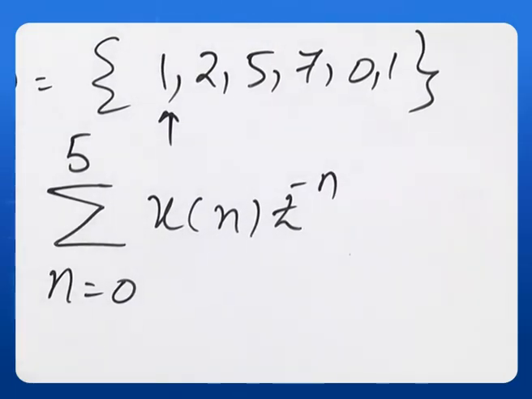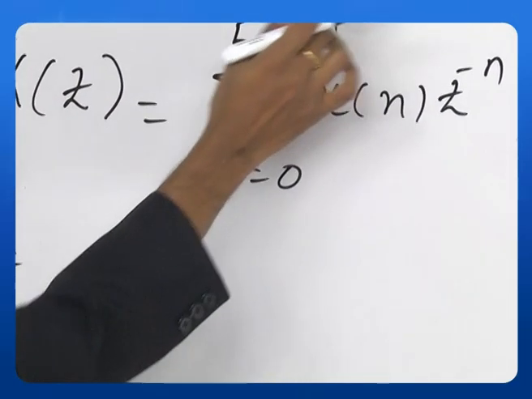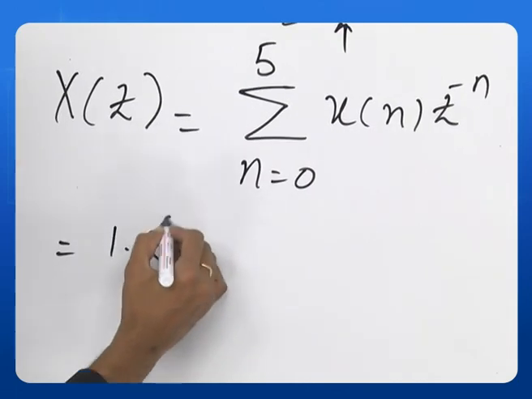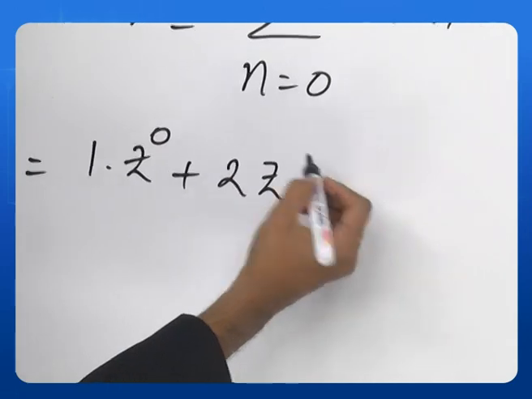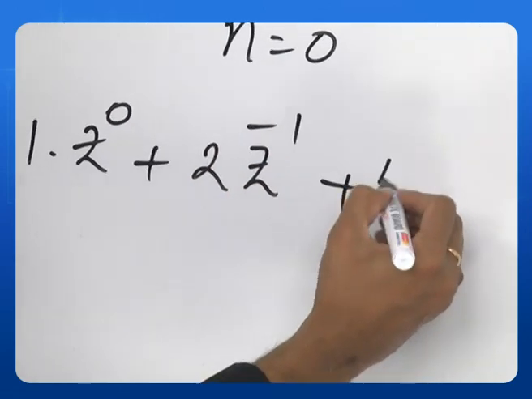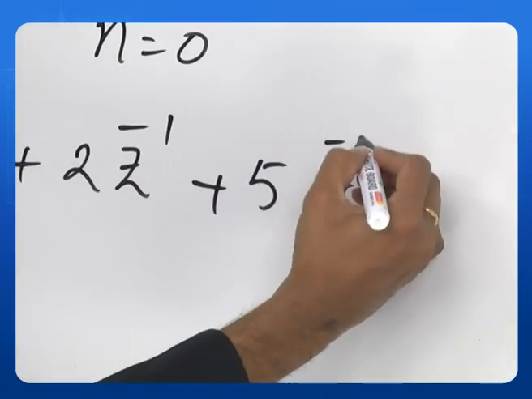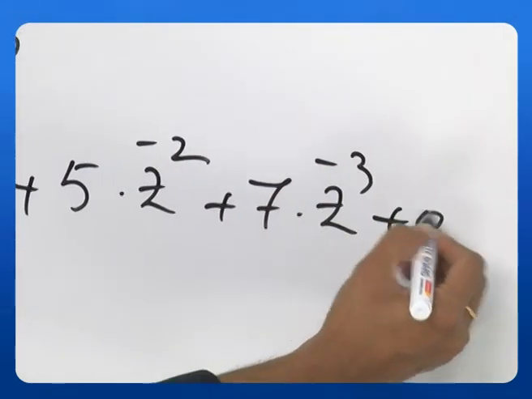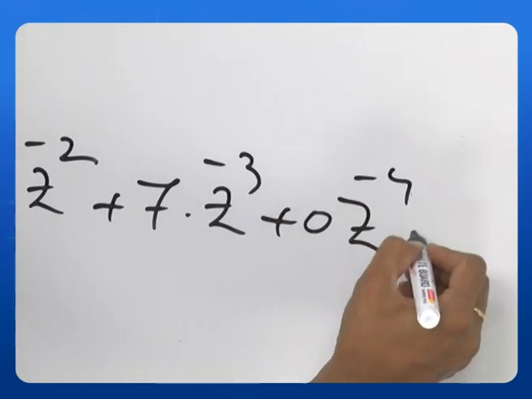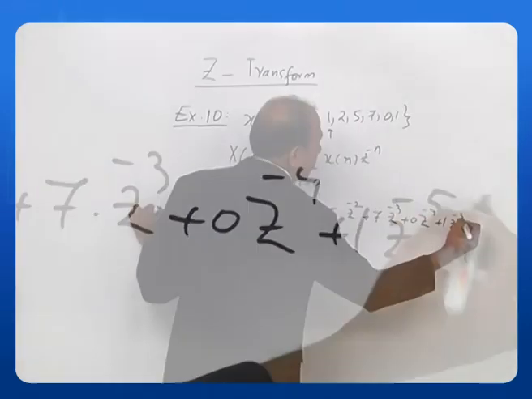So let us start this. The first is at 0, so that is 1 into z to the power of 0 plus 2 z to the power of minus 1 plus 5 z to the power of minus 2 plus 7 z to the power of minus 3 plus 0 z to the power of minus 4 plus 1 z to the power of minus 5.